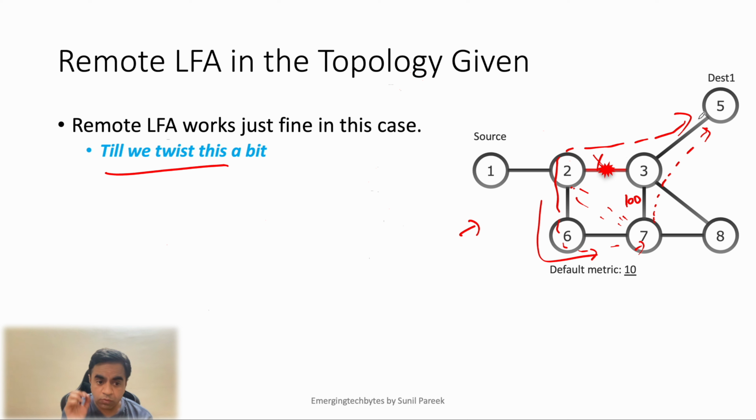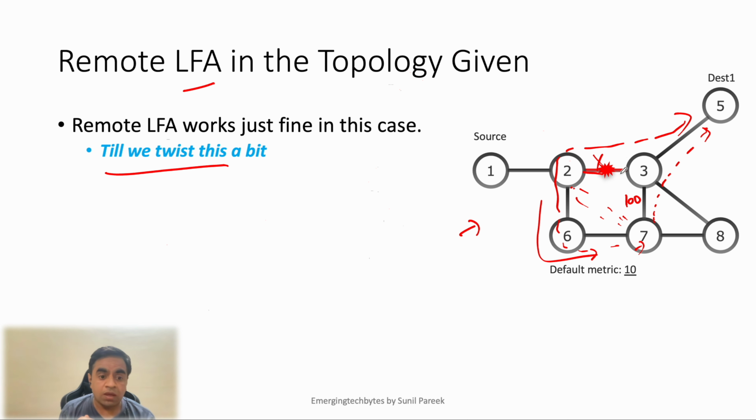If you recall, these LFAs, whatever it is, loop free alternate, remote loop free alternate, or even TI-LFAs, you calculate when this link is up. Remember that insurance analogy? When you need the insurance and if you are taking that, then it is too late. You need to plan it, take it in advance so that you can use the insurance when you need it.